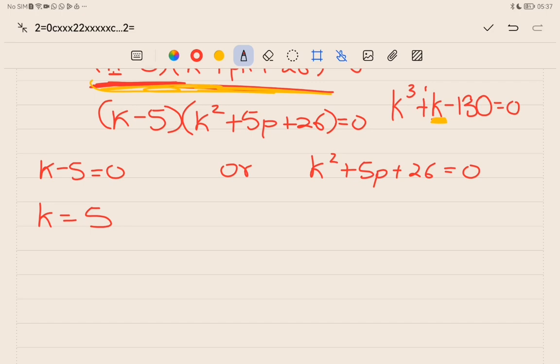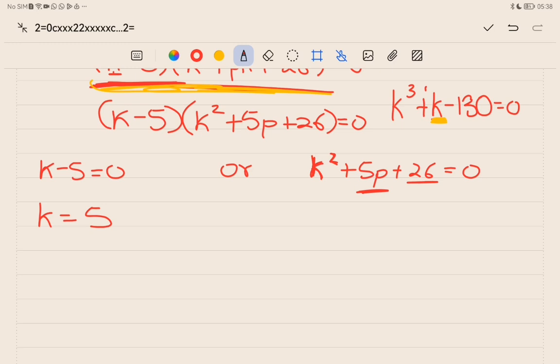Factorizing a quadratic equation where k squared has a coefficient of 1 is quite easy. The first thing you need to do is find numbers which, when you multiply them, give you 26, but when you add or subtract them, give you 5. So what can those numbers be?